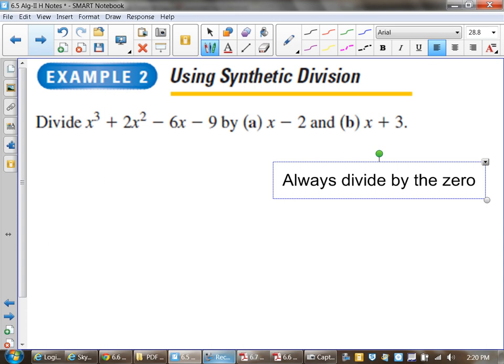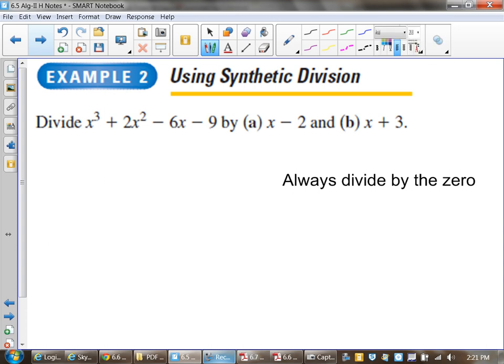What we're going to be working on in this case is that they're going to be giving you a couple of different terms. In this case, they're giving you a term, x minus 2. If x minus 2 is your term, what is your 0? 2.